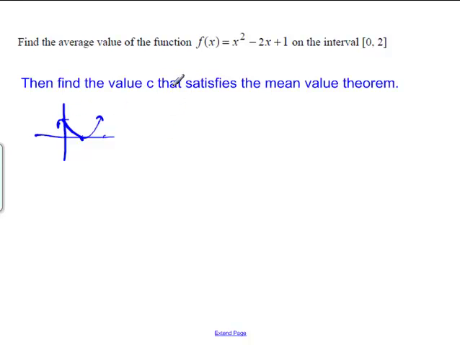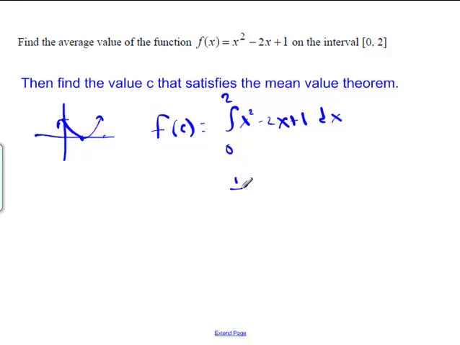So what we want to do is find f of c such that it equals the integral of x squared minus 2x plus 1 dx from 0 to 2. Okay, we take the antiderivative of that.